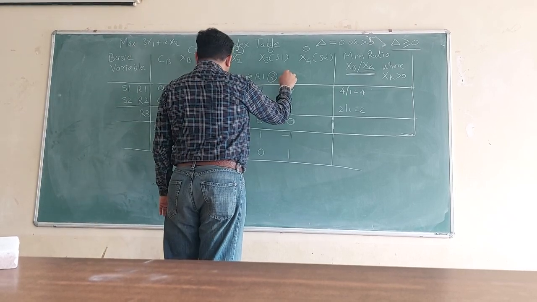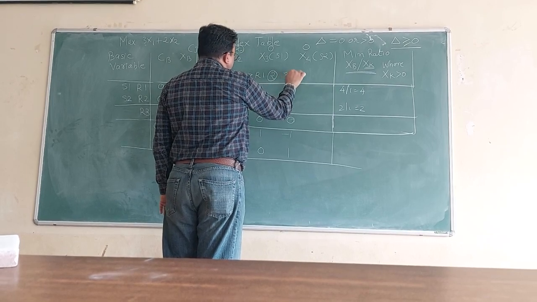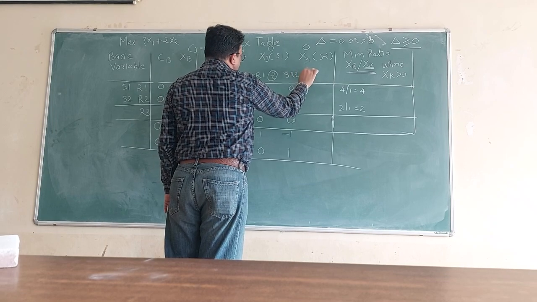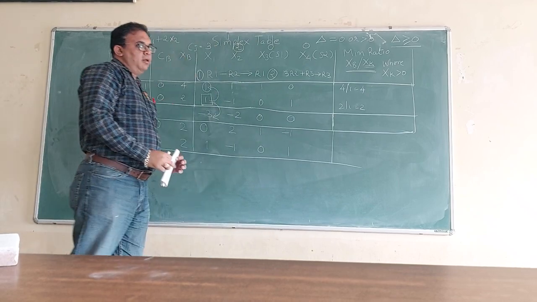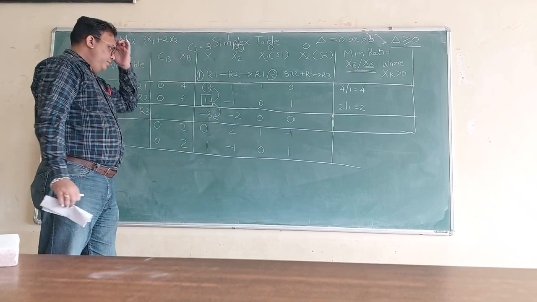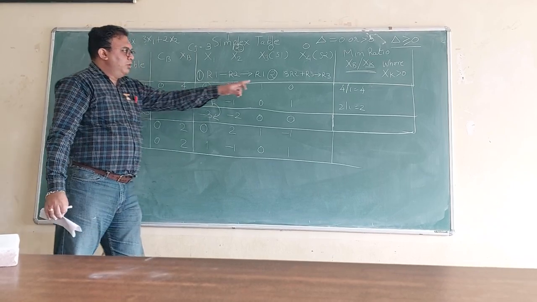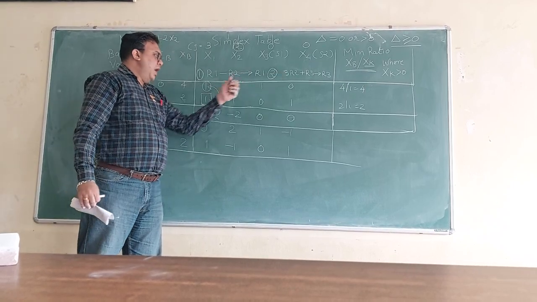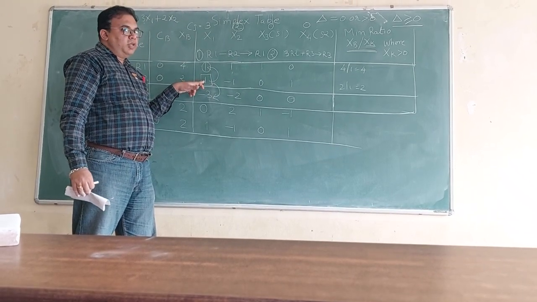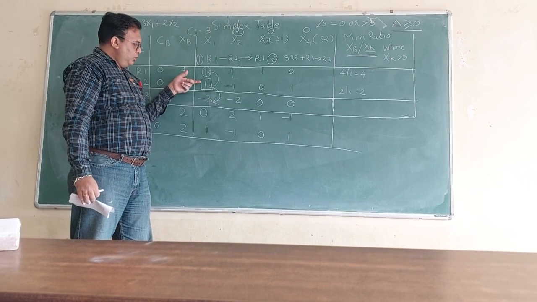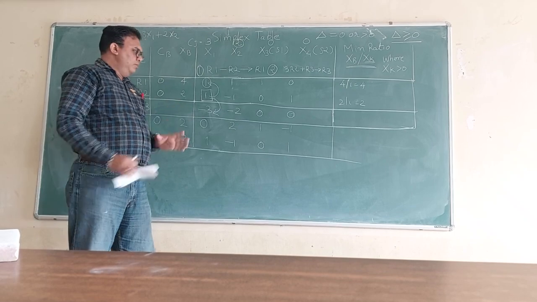So what did I write? 3R2 plus R3 and converted into a new row, that is R3. Understood? One more time. The second row we have to multiply with 3 and add this new row in this. So if I multiply 1 with the 3, it becomes 3. So this 3 is added to the minus 3, so it becomes 0. Clear? Sure.